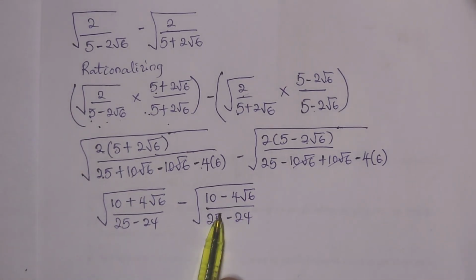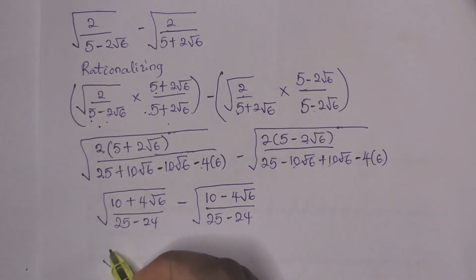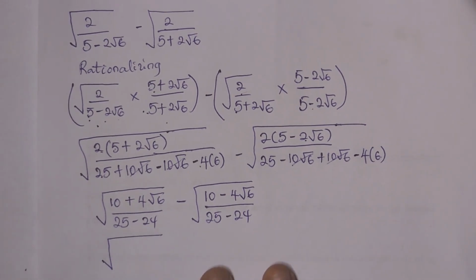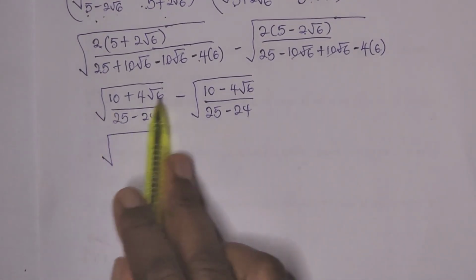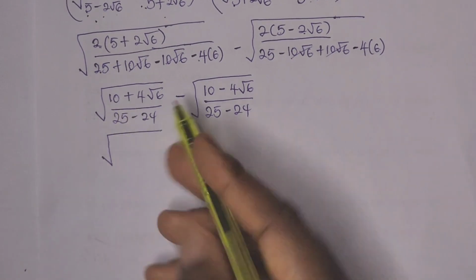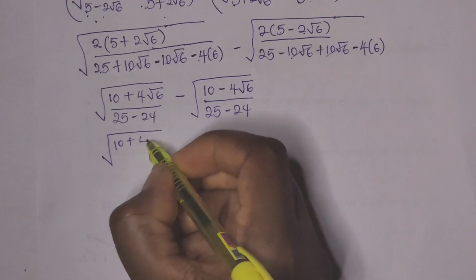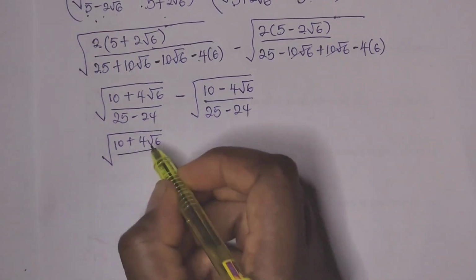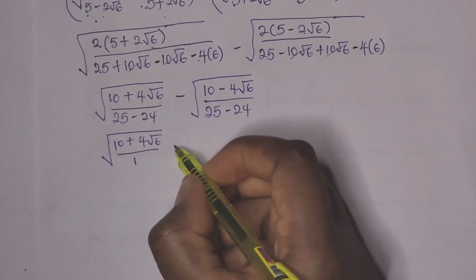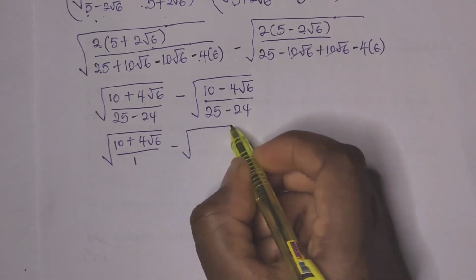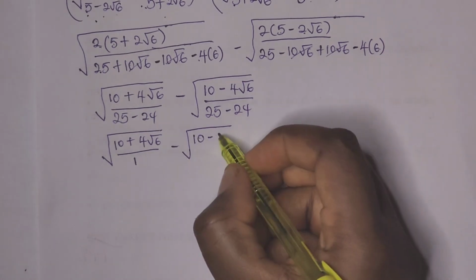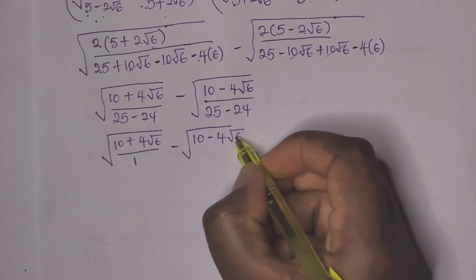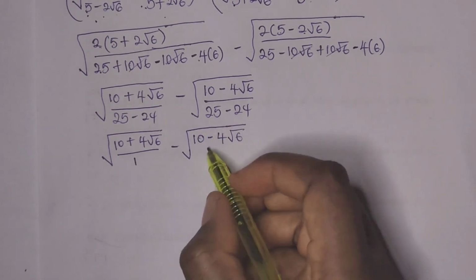So from here this will now become 10 plus 4 root 6 all over 25 minus 24, which is 1, minus square root of 10 minus 4 root 6 over 1.